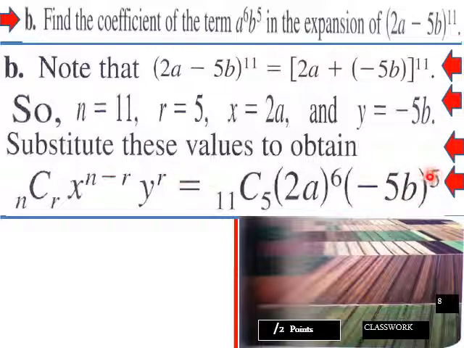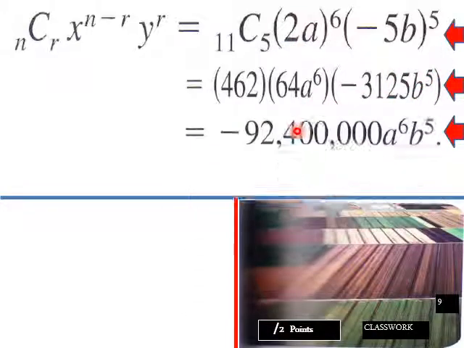See, here's our r. Our r shows up here, and then it shows up here implicitly in there. Okay, so once we get to this step, we take that out, and we come up with this figure here. And then when we crank this out, this is 462 times 64a to the 6th times minus 3125b to the 5th. Simplify that further, and we get this honking number here.